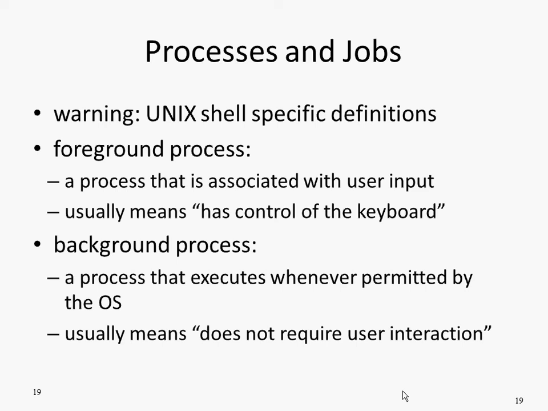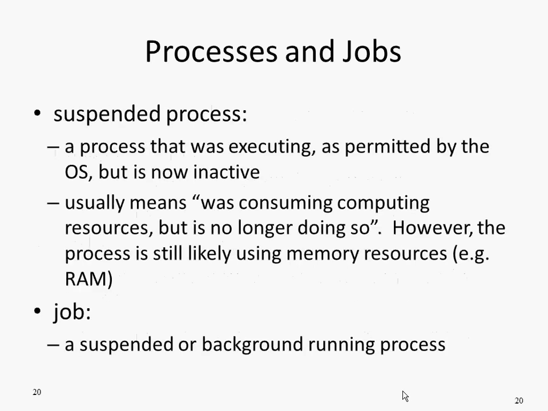The key point here is it's a background running process. A foreground process, one that's guiding your input interactively, does not count as a job. This is just how the terminology has evolved. A job is used to talk about a suspended process or a background running process.